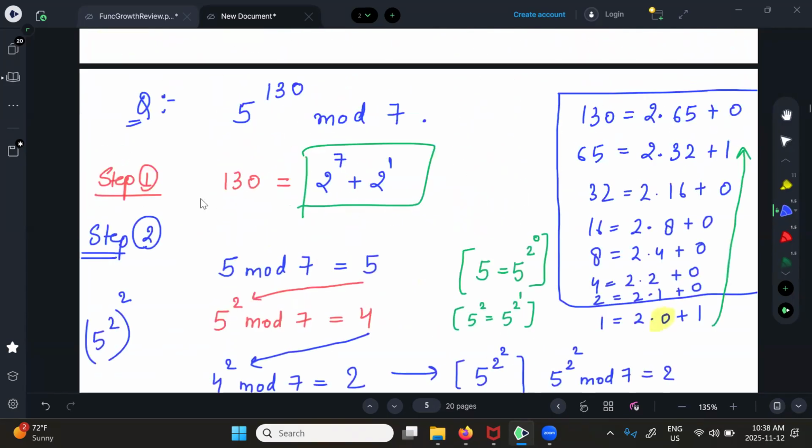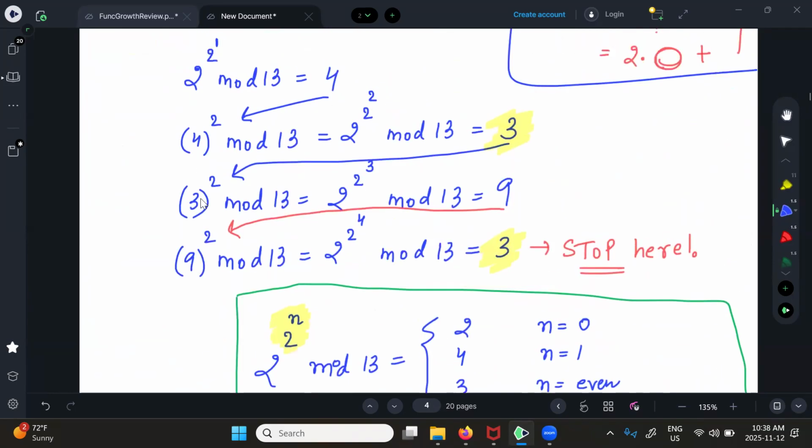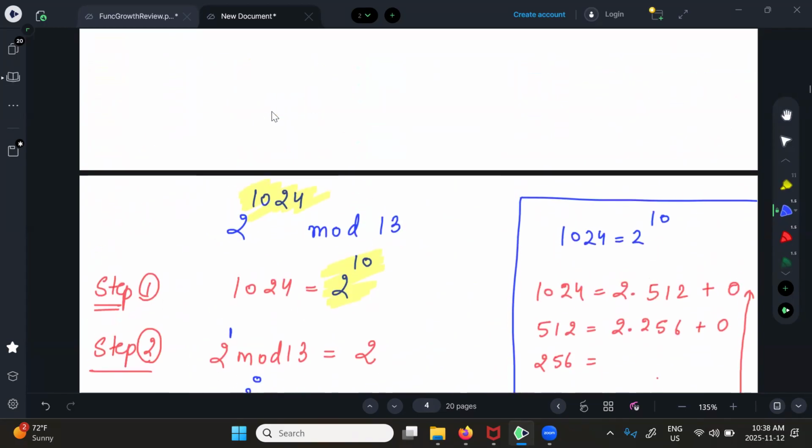Otherwise, if you were doing the regular squares, that's a great question, that's in my video also, you know how long it would take to get 1024? You would have to multiply 2 times 2 times 2 again and again, 1023 times. That's called slow exponentiation. We are not doing this.